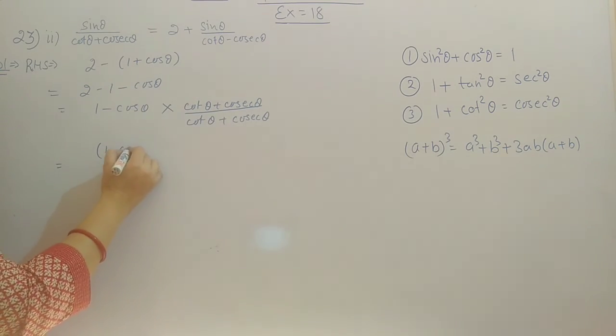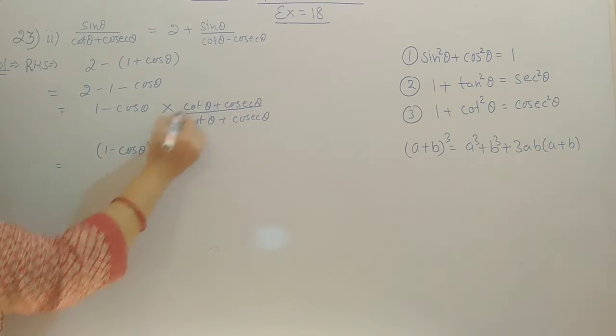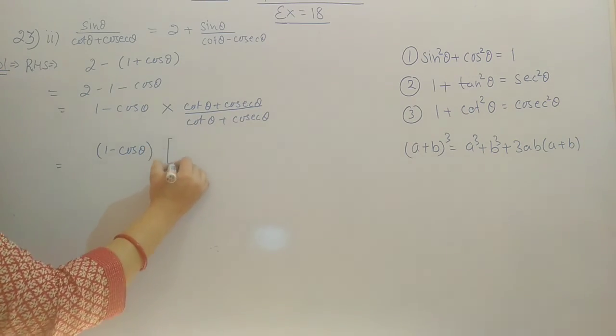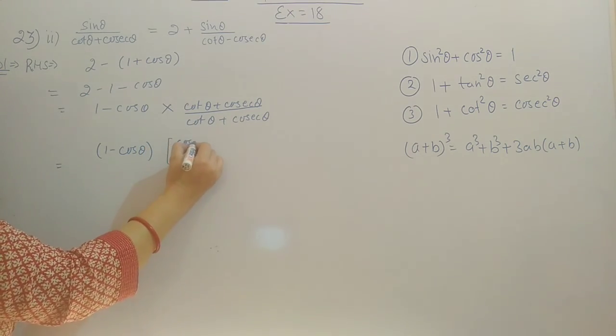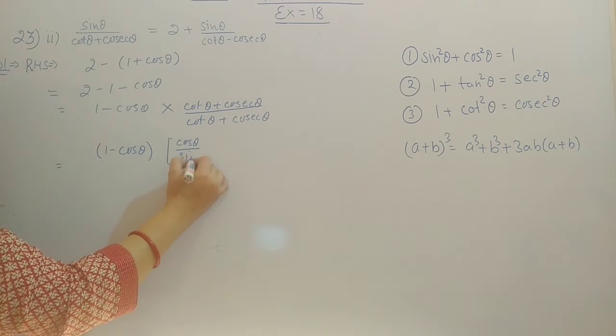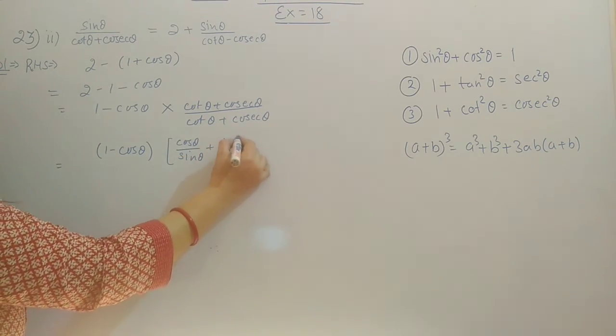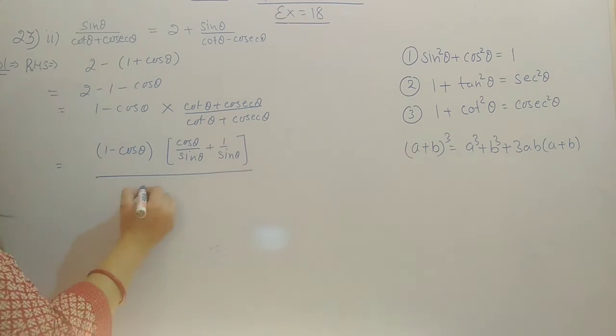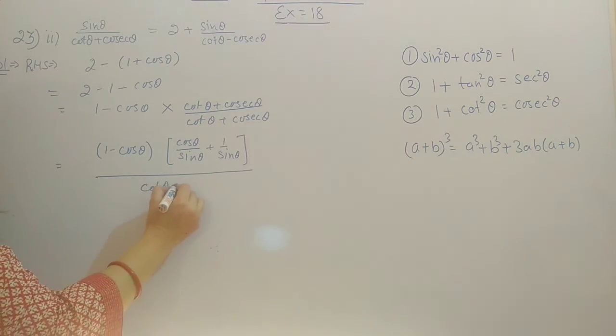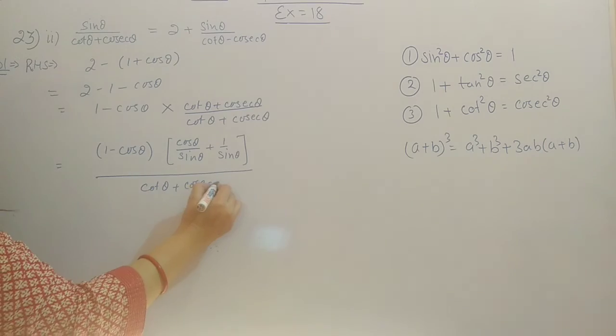So here we have 1 minus cos theta, and if you change this thing, it will become cos theta by sin theta plus 1 by sin theta, divided by cot theta plus cosec theta.